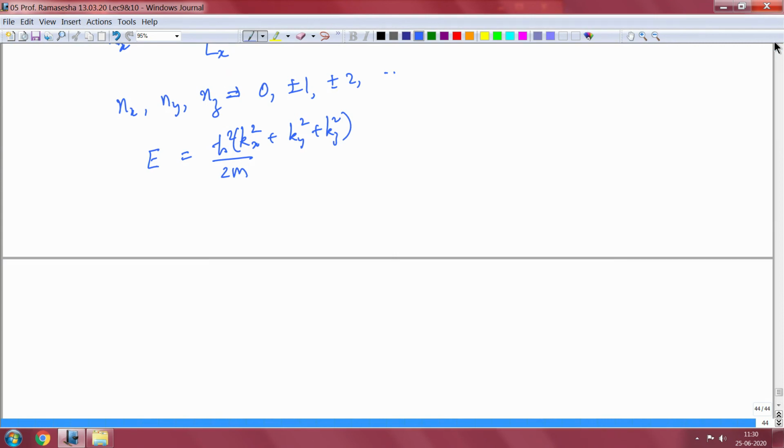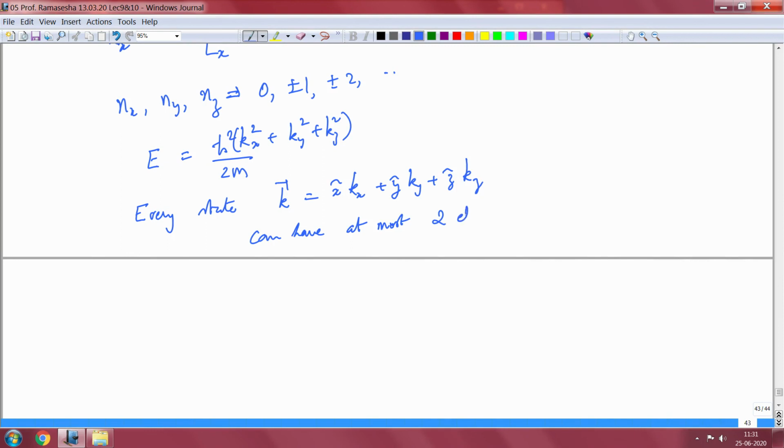But the important thing is that every state k, given by x kx plus y ky plus z kz, can have at most 2 electrons, each of opposite spin, ms equal to plus half or minus half.